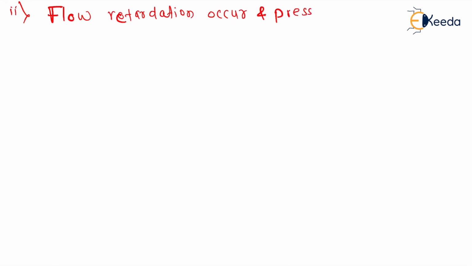Second case is flow retardation occurs and pressure is increased from point 2.